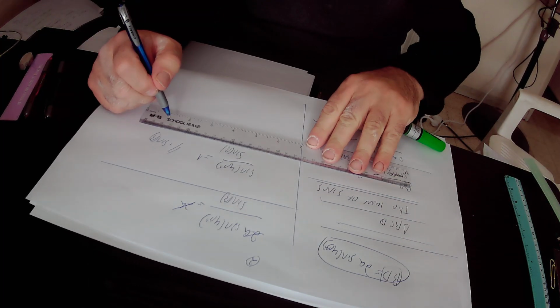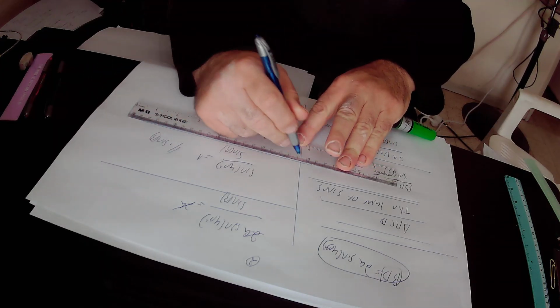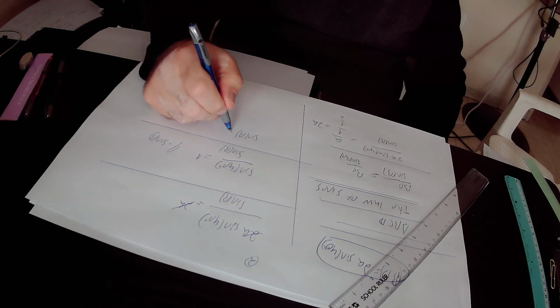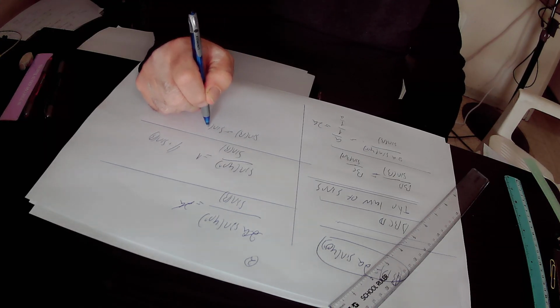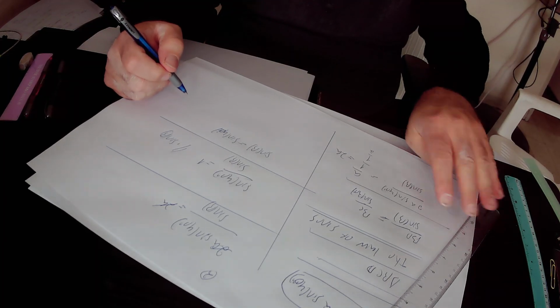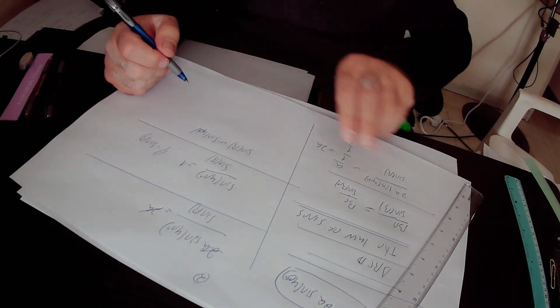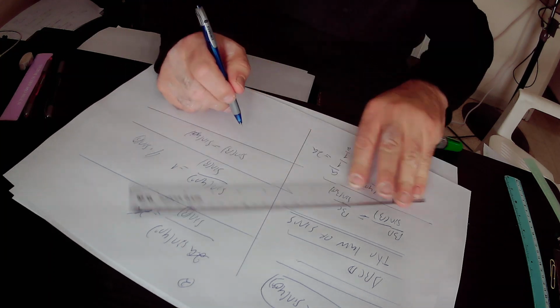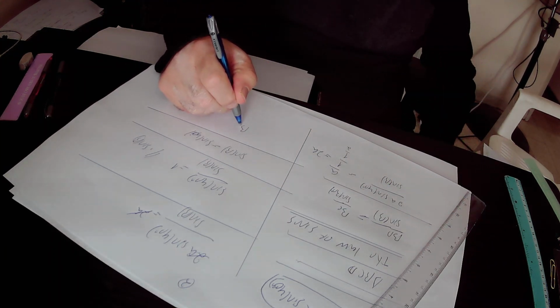So you get that sine beta equals sine 40 degrees. If sine beta equals sine 40 degrees, it means that beta equals 40 degrees in its size.